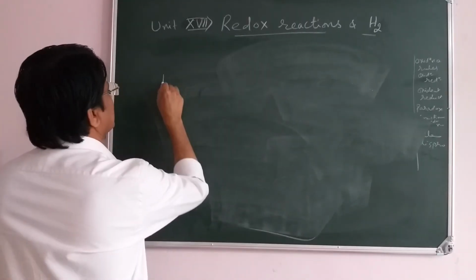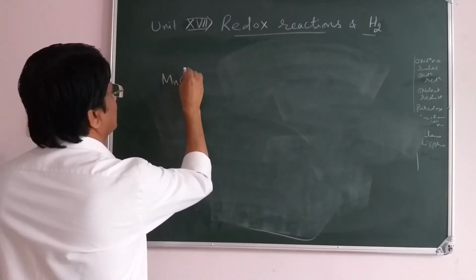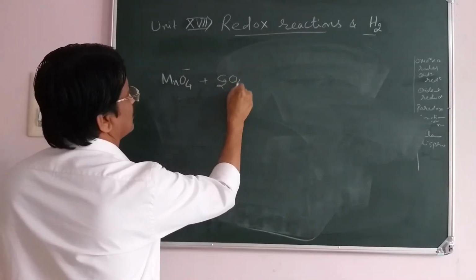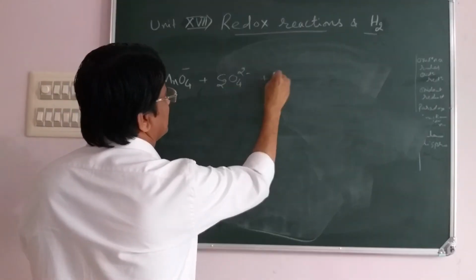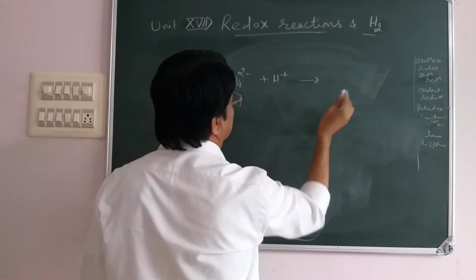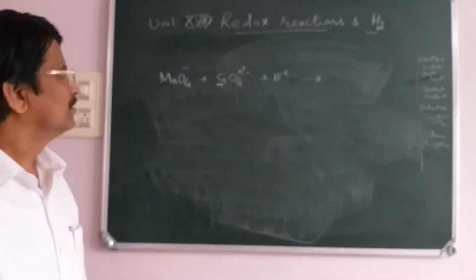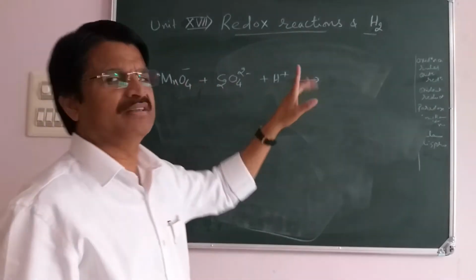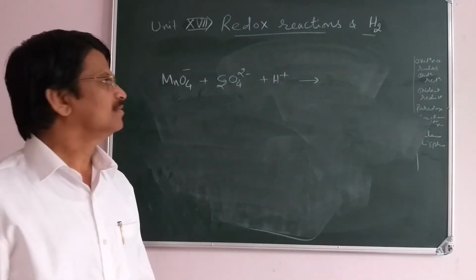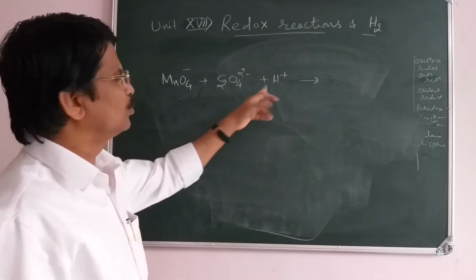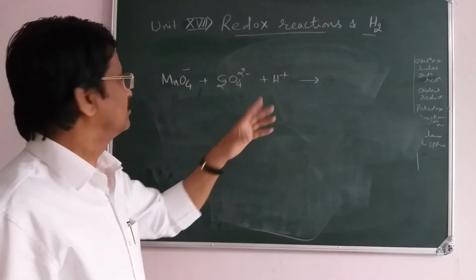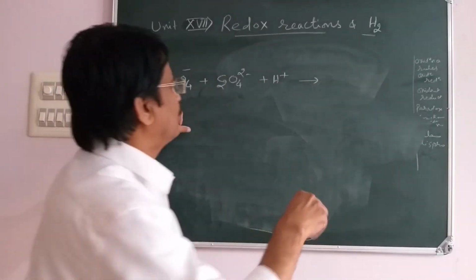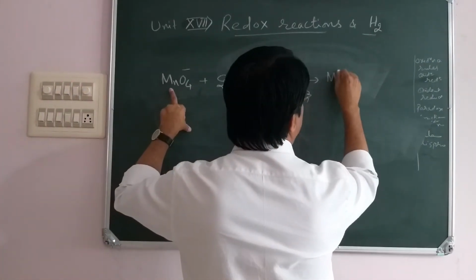Take an example: MnO4 minus plus oxalate ion C2O4 2 minus in acid medium gives products. Usually they give equations and ask for x, y, z, the number of moles. Then say how to balance it or how to write the products. In acidic medium, permanganate ion changes into Mn plus 2.